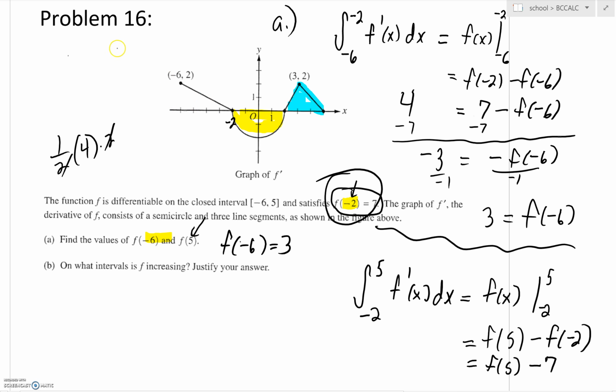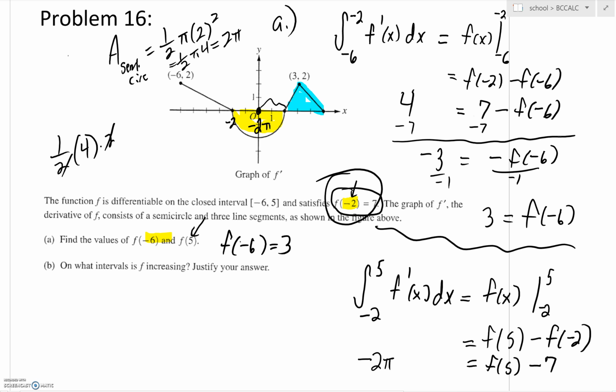For a semicircle, we know we're going to have 1/2 pi radius squared. Your radius, I hope you can see, is 2. And that's going to be 1/2 of 4, which is 2. So that's a 2 pi, but guys, that's going to be a -2 pi because it's below the x-axis.